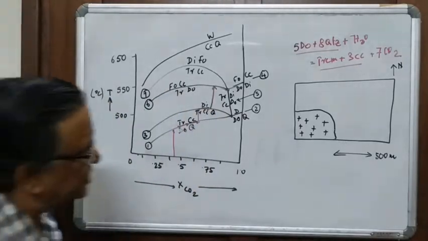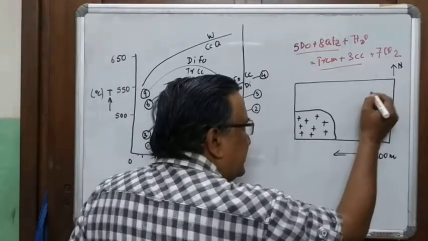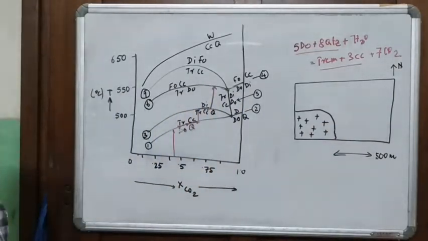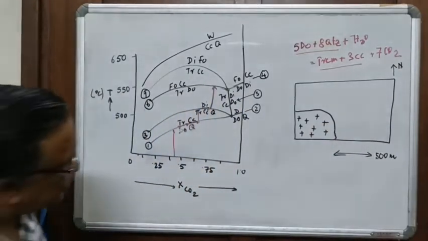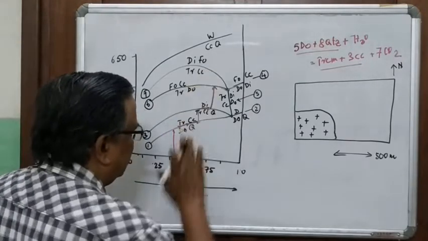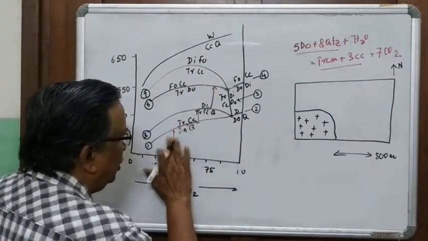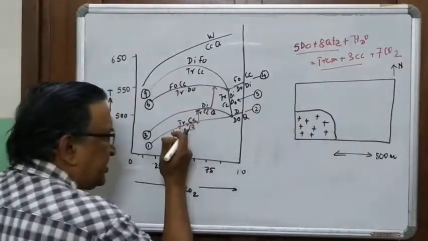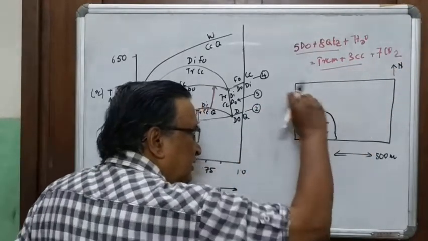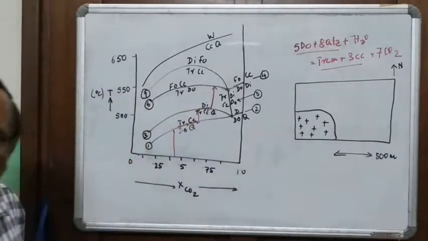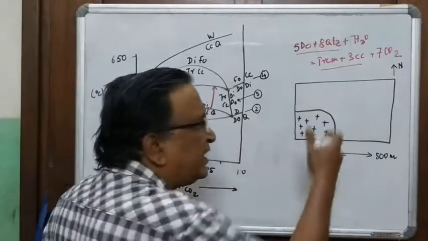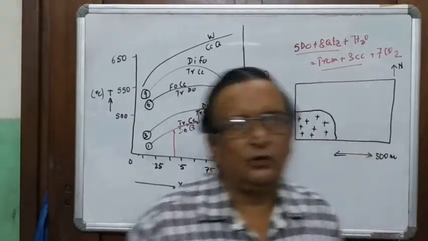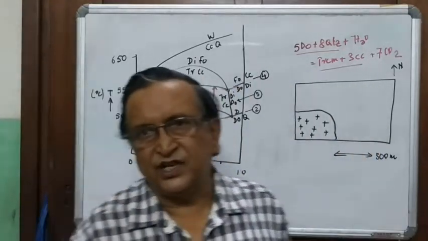So what happens is the temperature increases in this direction. Obviously, the low temperature part should be the farthest, and the highest temperature part should be closer to the granite batholith. You can assume the granite batholith intrusion temperature to be somewhere around 700, 750 degrees centigrade.